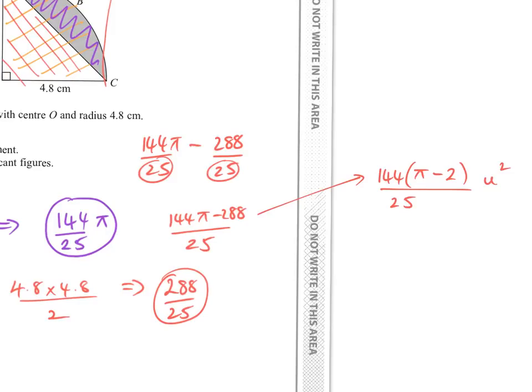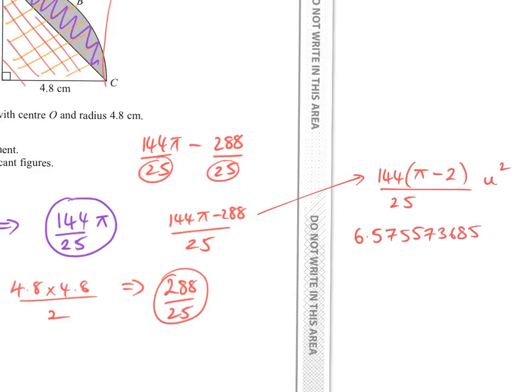Now I'm going to use the calculator to work out the answer that the question would like, and that's 3 significant figures. So I'll have 144 brackets pi minus 2 close bracket divide by 25, and I'll get 6.57557365, and I want that to 3 significant figures.